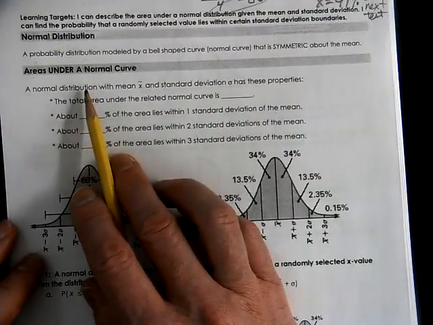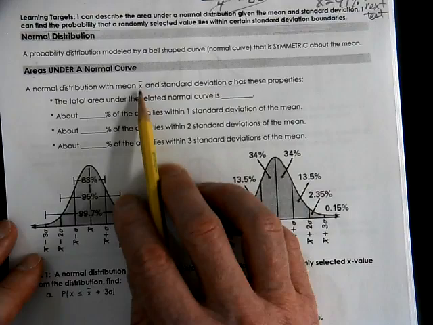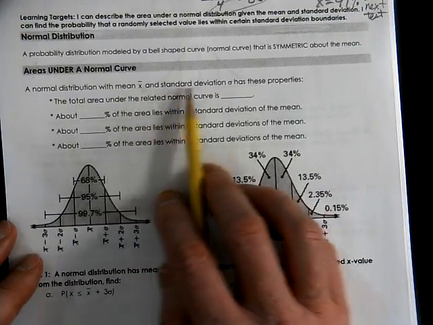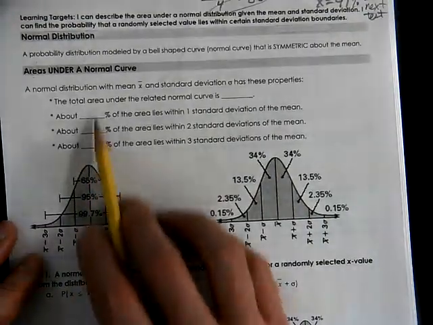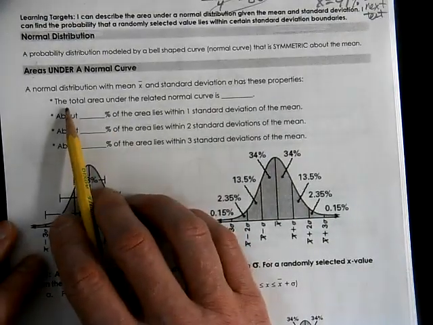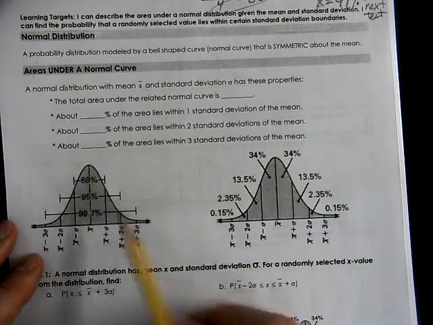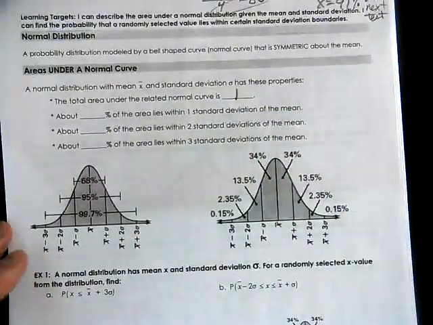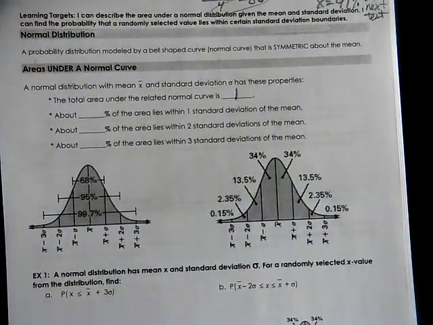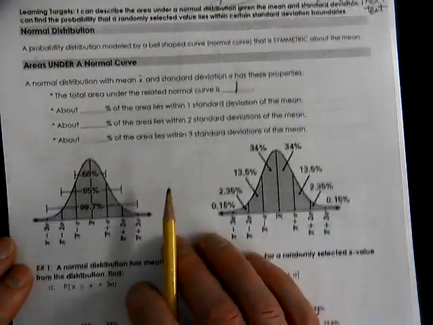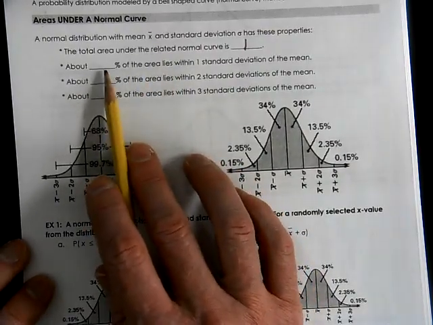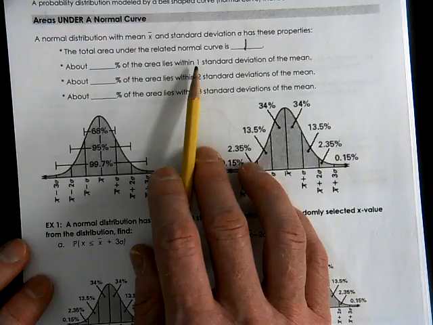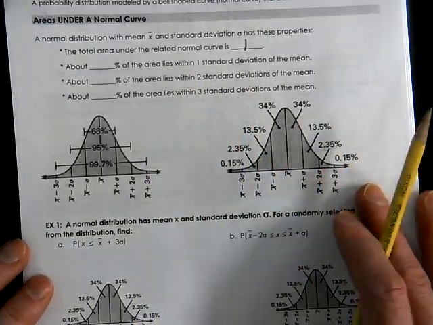Okay, a normal distribution with a mean of x bar and a standard deviation has these 3 properties. The total area underneath the curve is considered 1. When we look at the percentages, this says the percent of the area that lies within 1 standard deviation.